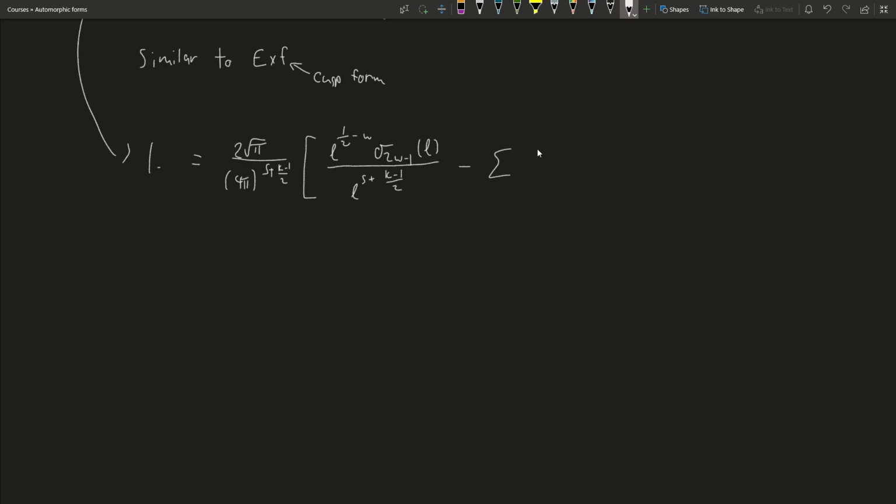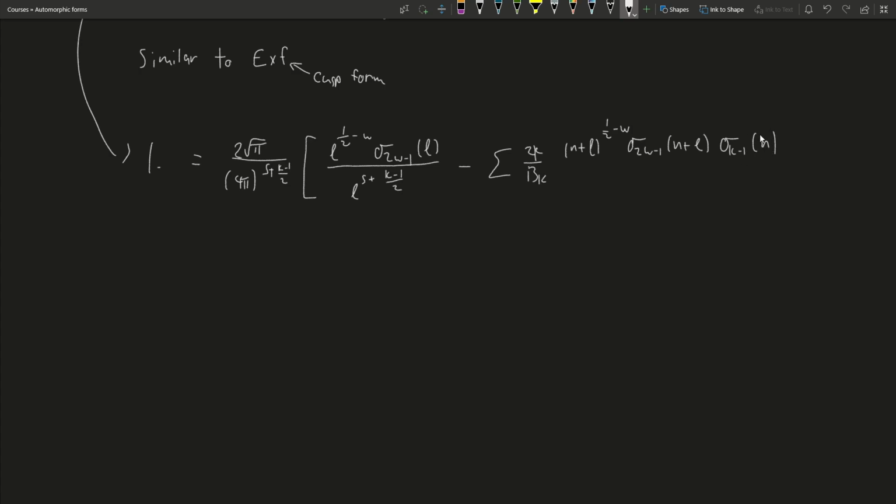This is 2k over B_k, times (n+L)^{1/2-w} sigma_{2w-1}(n+L), sorry, times sigma_{k-1}(n).